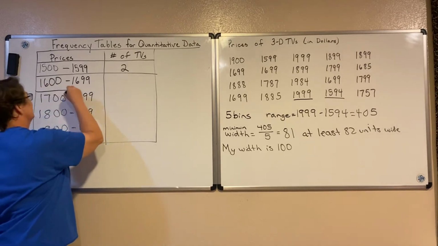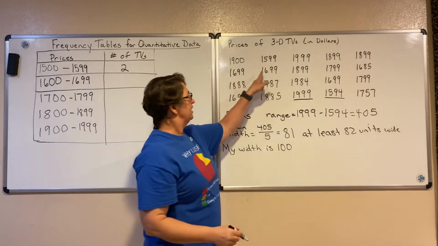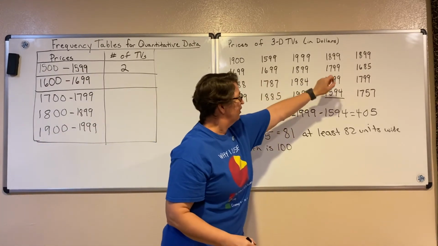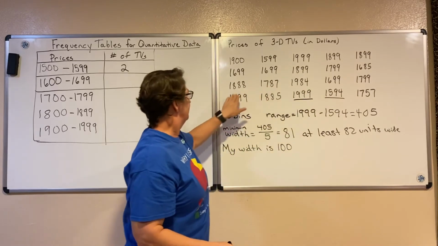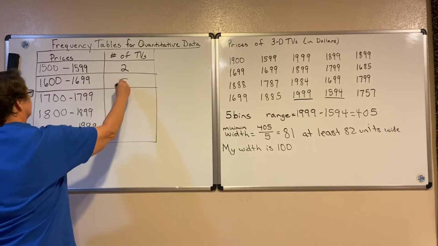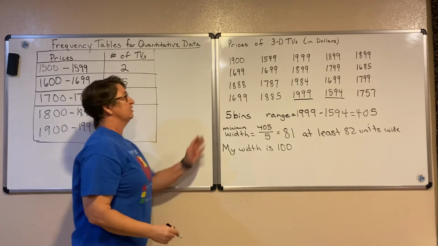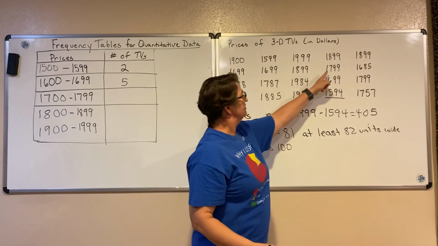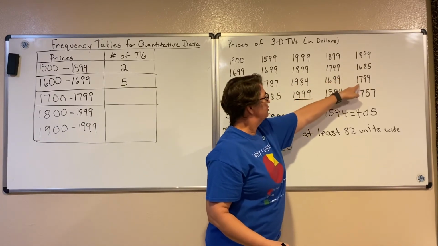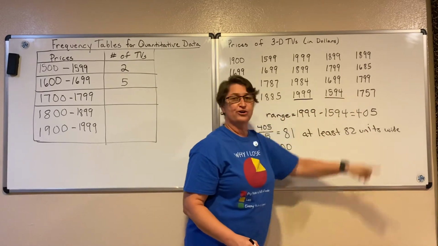From 1,600 to 1,699, there's 1, 2, 3, 4, 5 values. Between 1,700 and 1,799, we have 1, 2, 3, 4 data values.